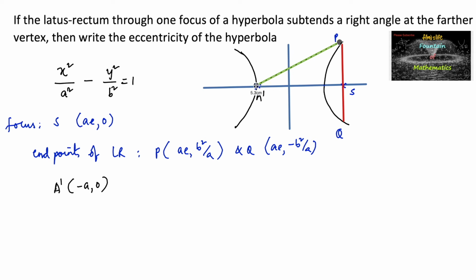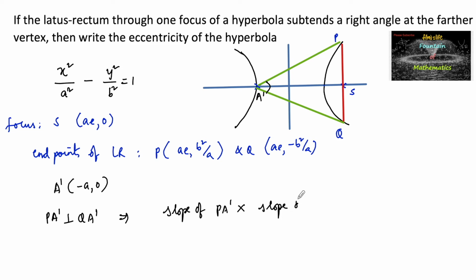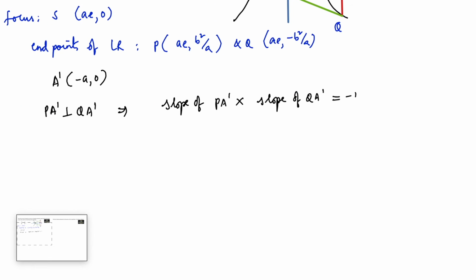It subtends a right angle, so PA' is perpendicular to QA', which implies that slope of PA' into slope of QA' is equal to −1.